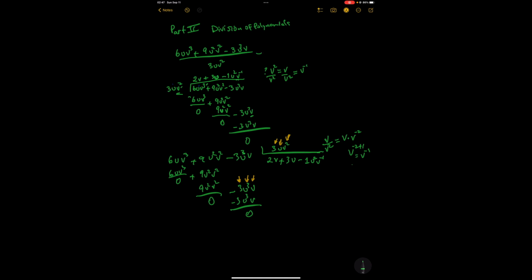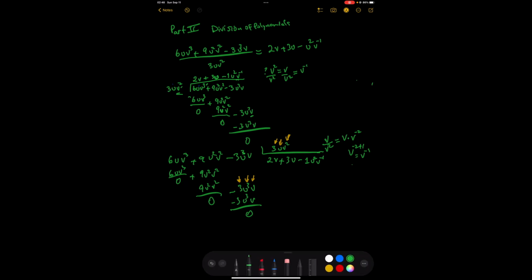Therefore, this thing right here will be equal to 2v plus 3u minus u squared v to the negative 1.